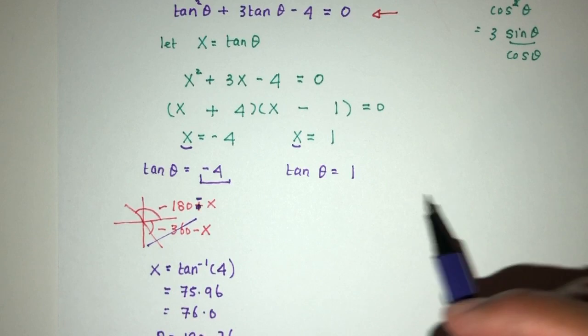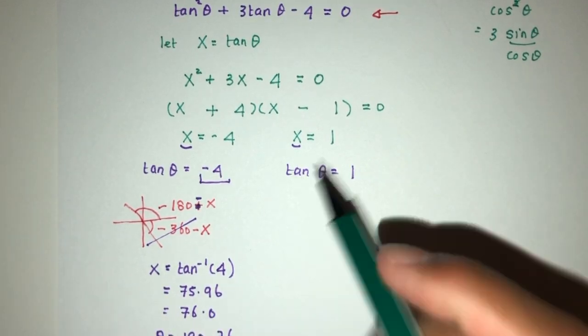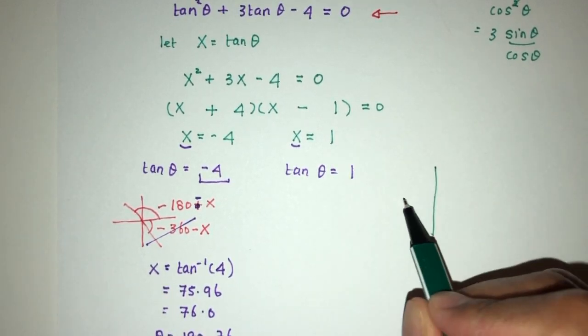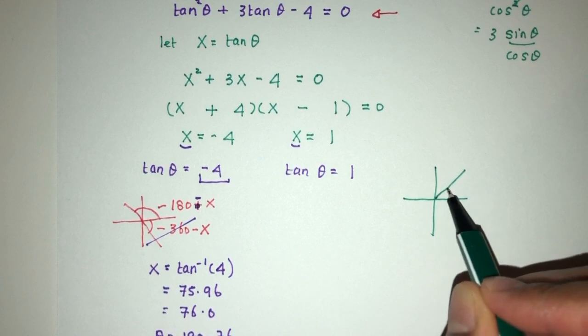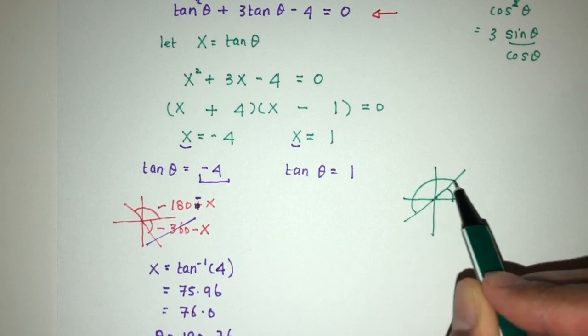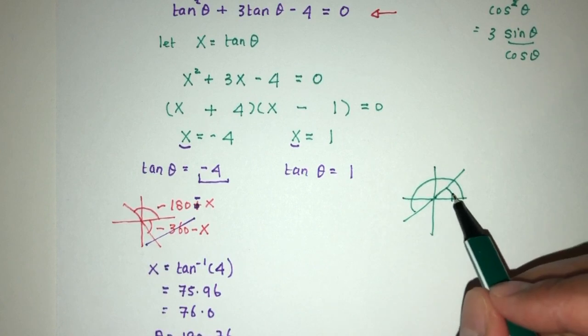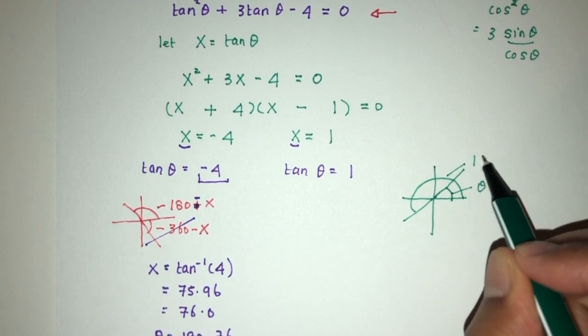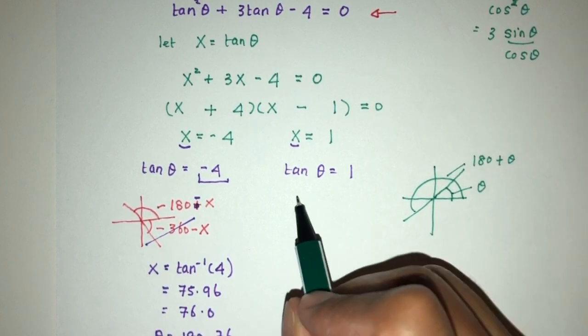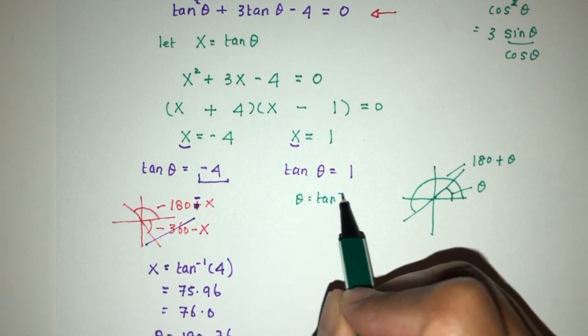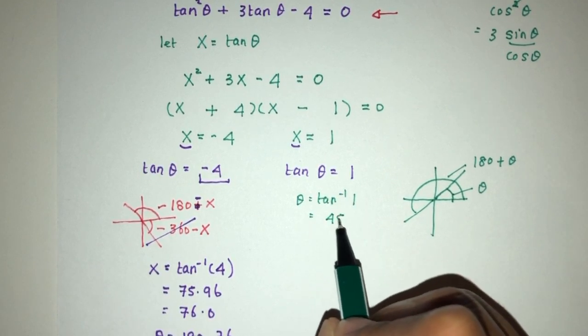Now for this one, it's pretty easy. We understand that when tan is positive, it will be in your first quadrant and in your third quadrant. So here, because it is positive, we can find the value directly. Theta will be simply tan inverse of 1, that will be 45 degrees.